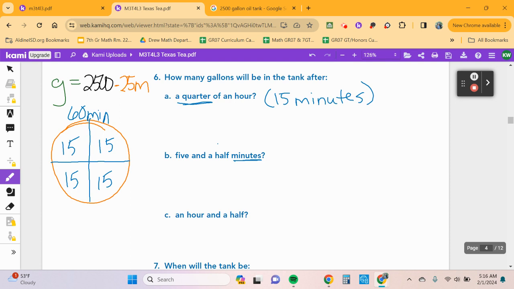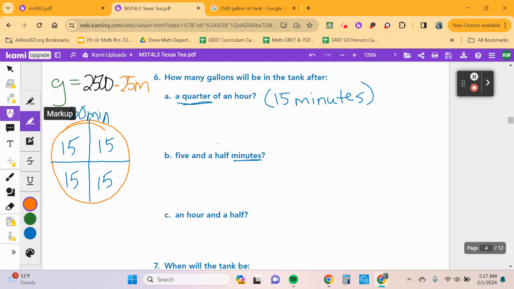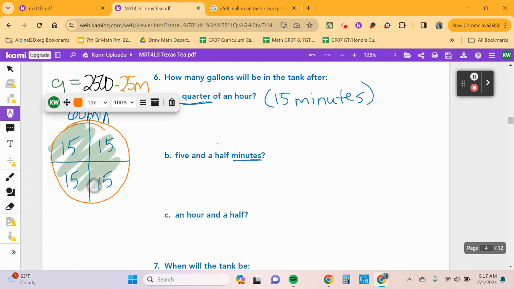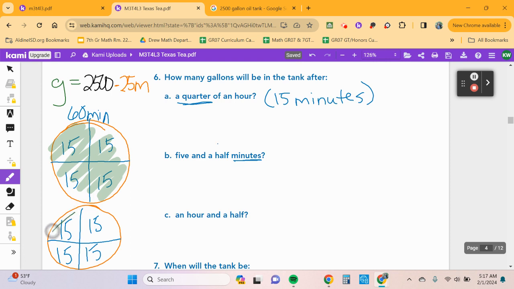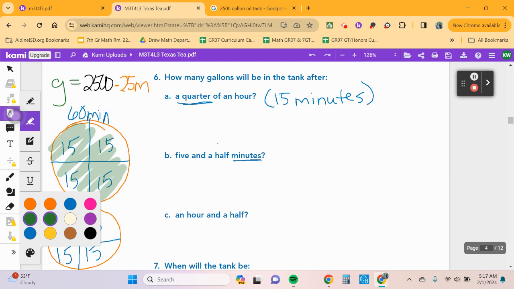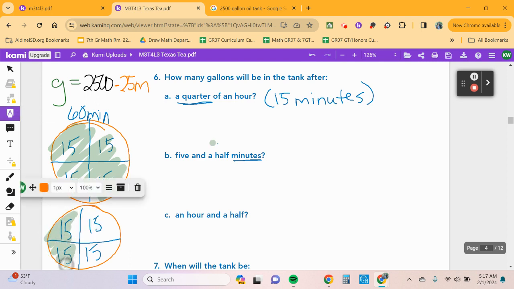So again, using that clock, we need to think, what is a whole hour and then also an additional half an hour in minutes? So you would add that up and then write that in minutes for 6C.